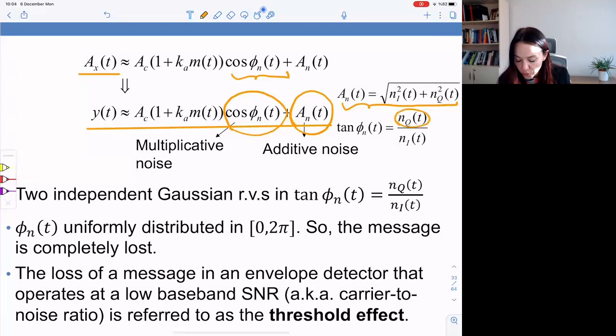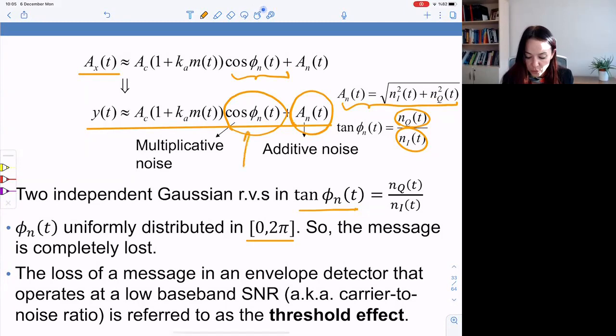Now N_Q and N_I, as they are Gaussian, they are also independent. And tangent theta_n is the ratio of N_Q to N_I. Since they're independent Gaussians, this angle theta_n is going to be uniformly distributed in 0 to 2 pi. So it is going to completely blur the signal.